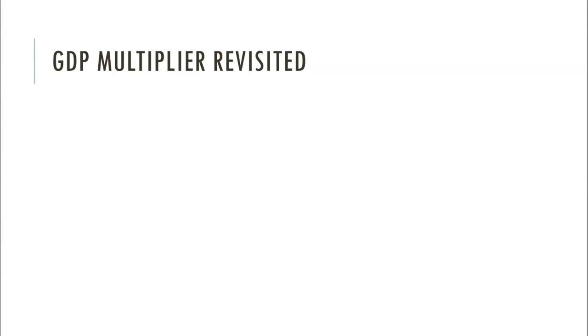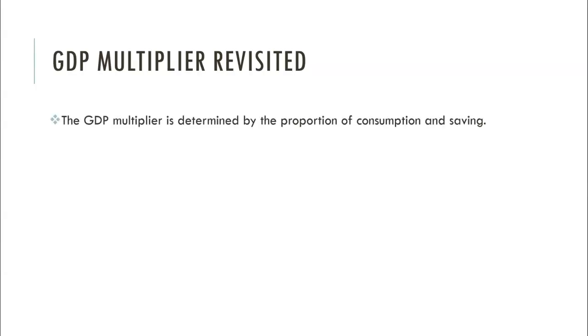And so now we can use this MPC or MPS to look at our GDP multiplier. It's actually determined by the proportion of consumption and saving. In our GDP chapter, we looked at the change in total GDP divided by some sort of change in initial spending.